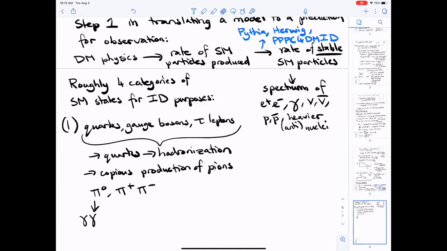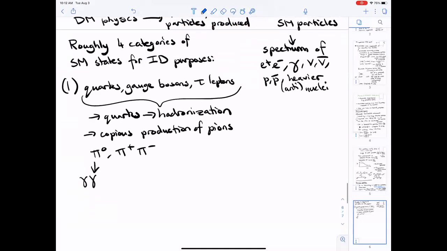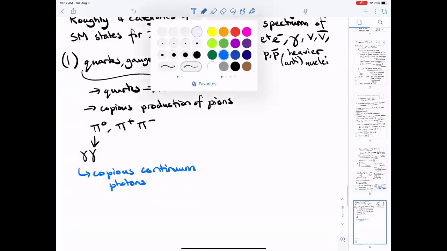And so the branching ratio into photons is therefore usually some order 0.1 to 1 fraction. So it's through this channel that I say everything in this category 1 is going to produce copious continuum photons. These are not going to be photons at some fixed energy, because quarks come out with all sorts of energies. The hadronization splits the energy between the different pions, then pions decay to gammas. So this will generally give you some kind of broad spectrum of photons.